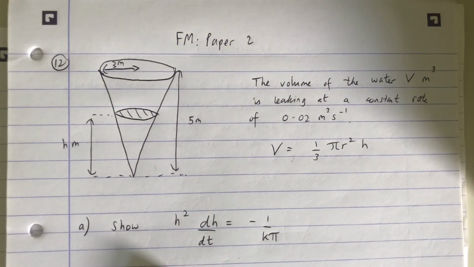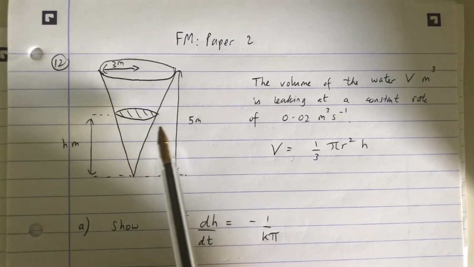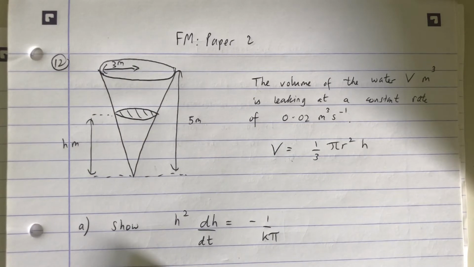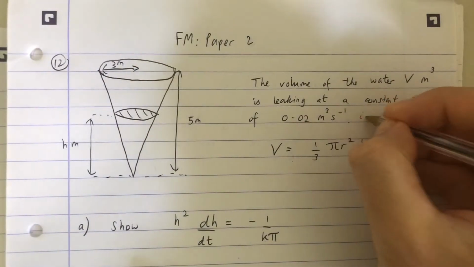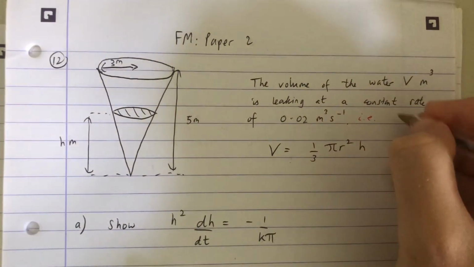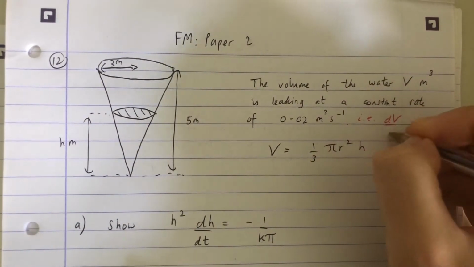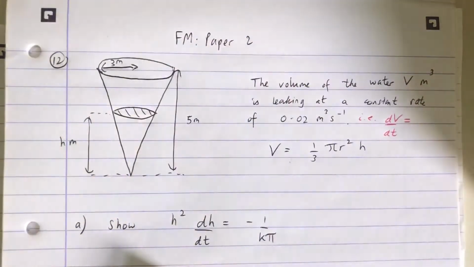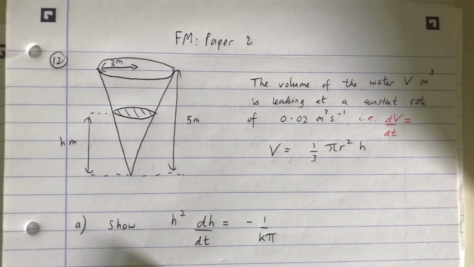So if this particular object is leaking water, then the thing that is at a constant rate, that's in effect saying dV by dt is equal to, now because it's leaking, the change in volume with respect to time is decreasing.